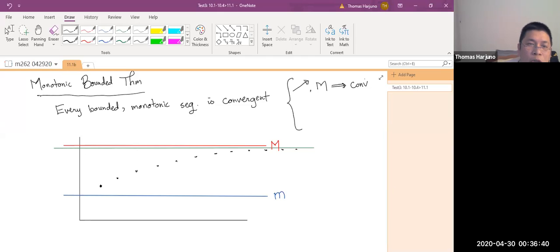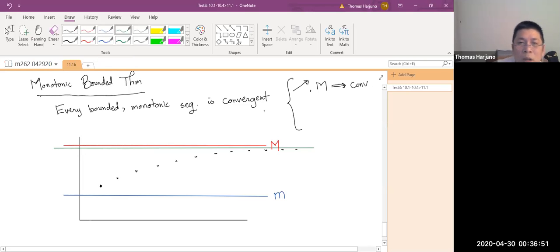All you need is bounded above and increasing, then it must be convergent. Likewise, using the same idea, as long as it is monotonic decreasing and bounded below, then it must be convergent.